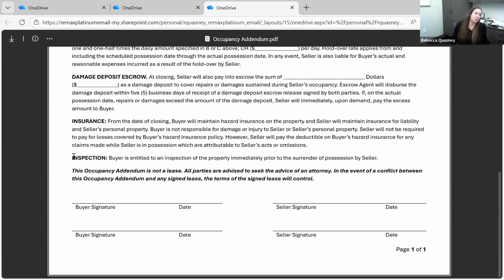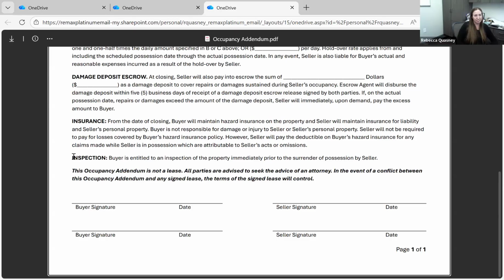I would argue the buyer needs to request that if they want it. So they're entitled to it, though that doesn't mean they'll necessarily do it. A walkthrough before the seller surrenders possession would really be the best practice, but in the real-life hustle and bustle, sellers are just frantic trying to get out.